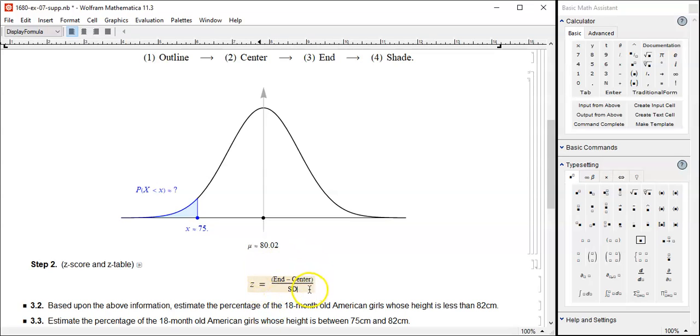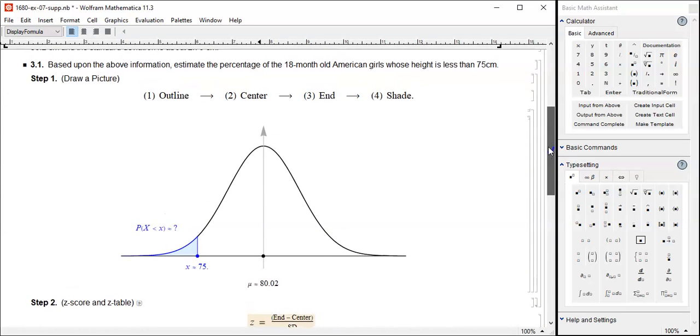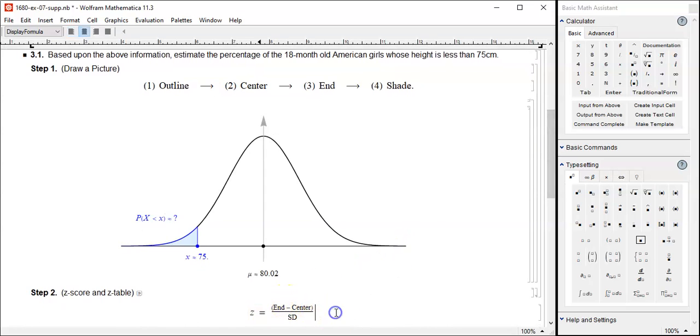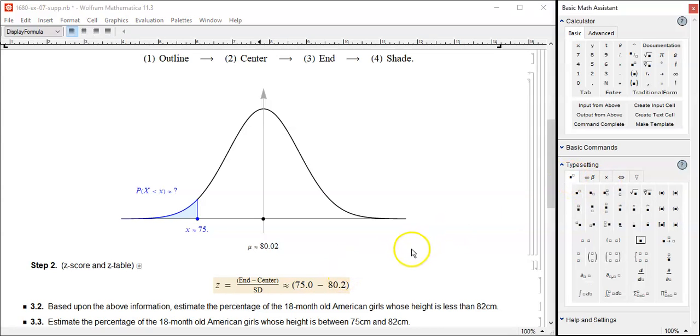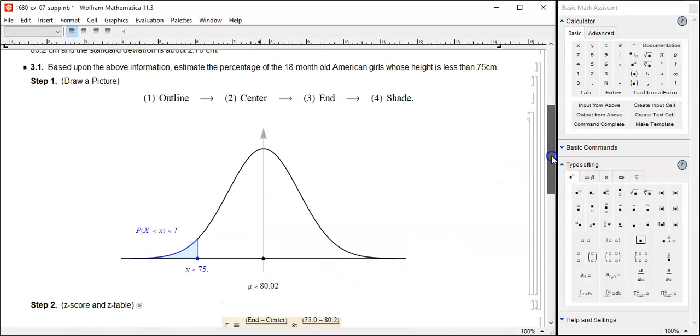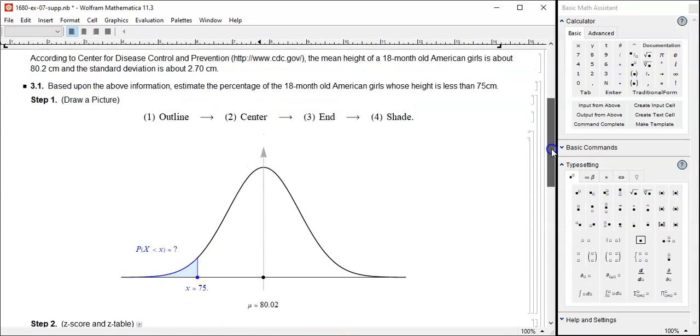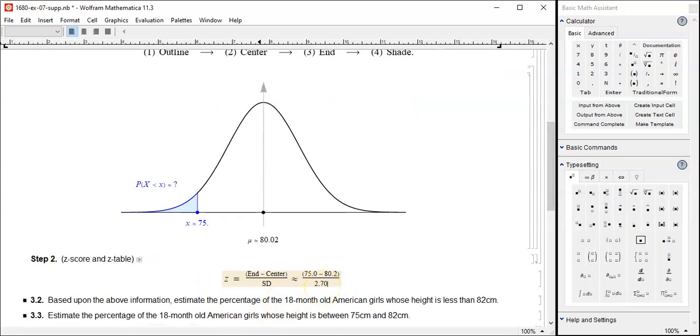This is formula number 1 of this course in terms of importance. In this particular case, what is the end? 75. So 75 minus the center 80.2, over the standard deviation 2.70. That's the z-score that you'll have to calculate.